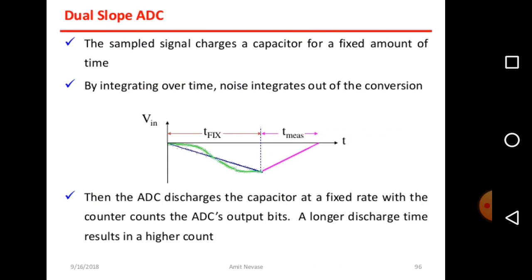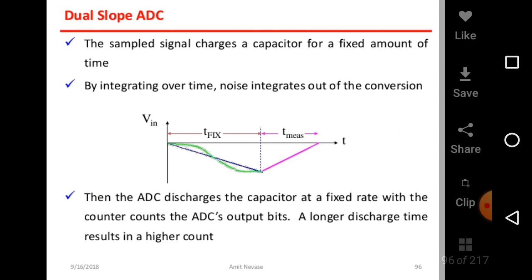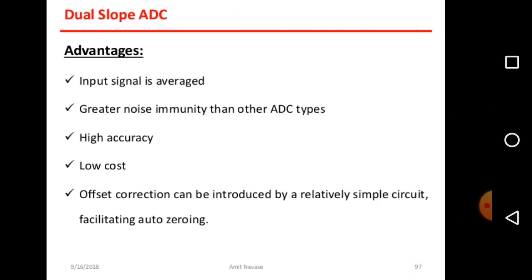The ADC discharges the capacitor at a fixed rate while a counter counts the ADC's output bits. A longer discharge time results in a higher count.